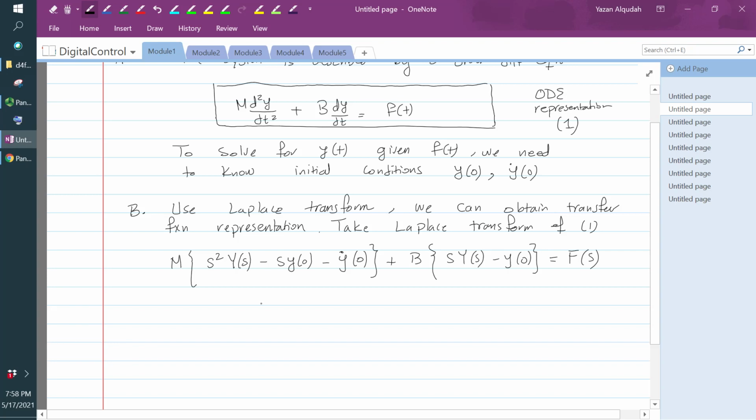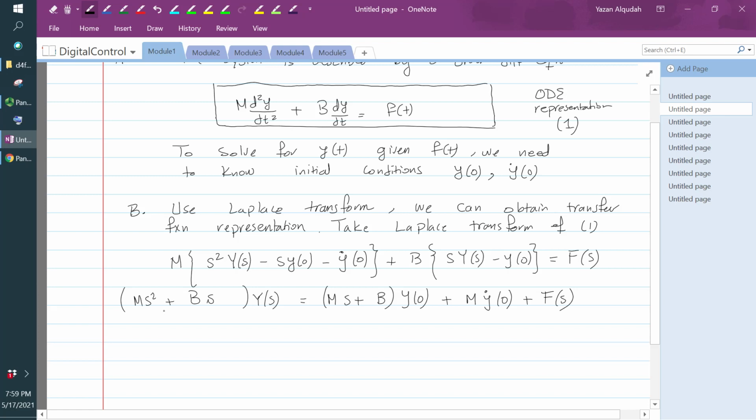So I can take y of s here, and this gets multiplied by m multiplied by s squared plus b multiplied by s, and this is going to equal m multiplied by s plus b multiplied by y of 0, and also a term that is m multiplied by y dot of 0, and then plus f of s.